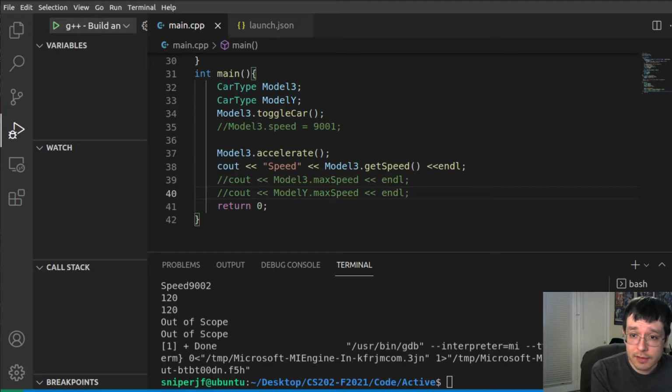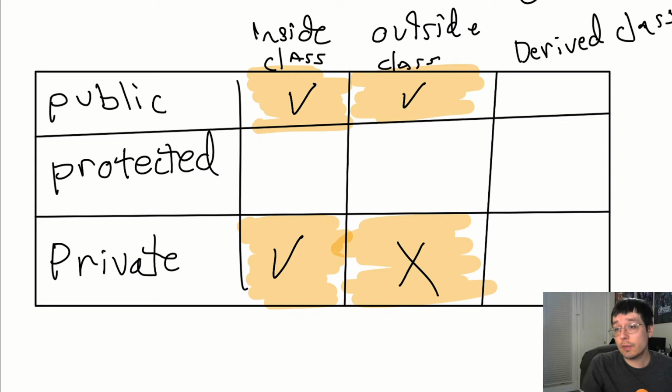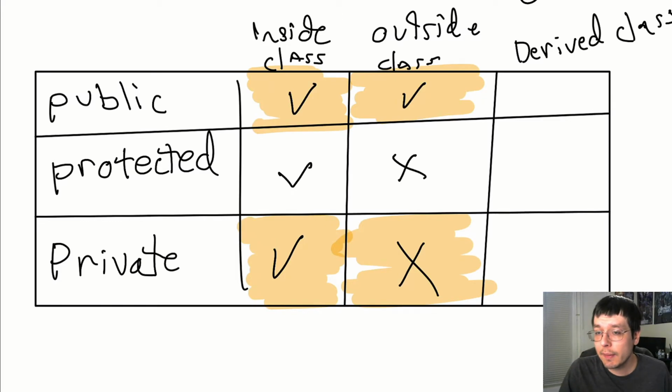So inside of the class, you can access things. Outside of the class, you cannot. So that is your difference. For now, even though I really haven't talked much about protected, when we're not dealing with inheritance, it just turns out that it works the same way as private. Inside of the class, you can access it. Outside of the class, you cannot.